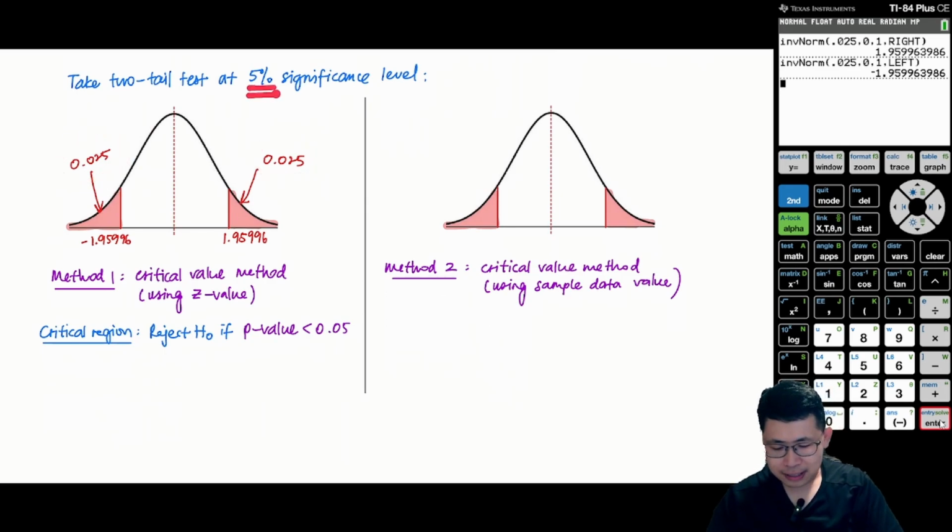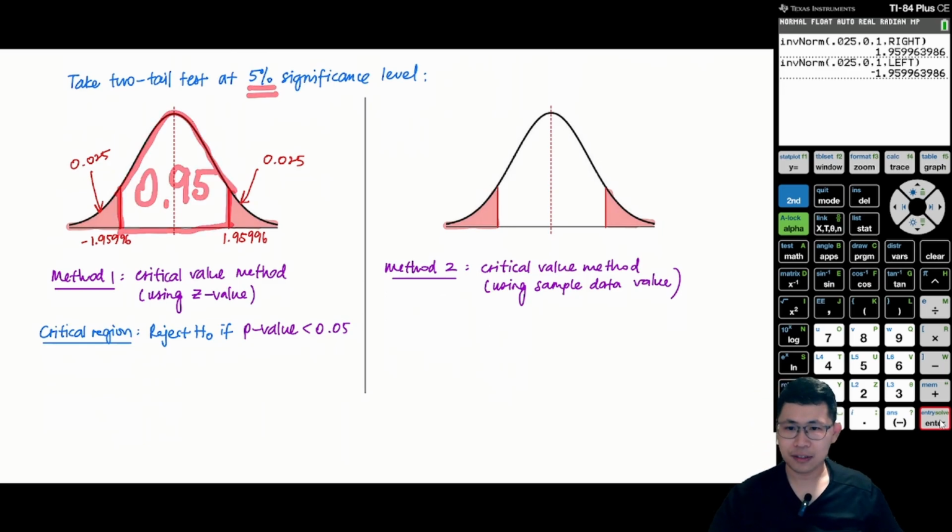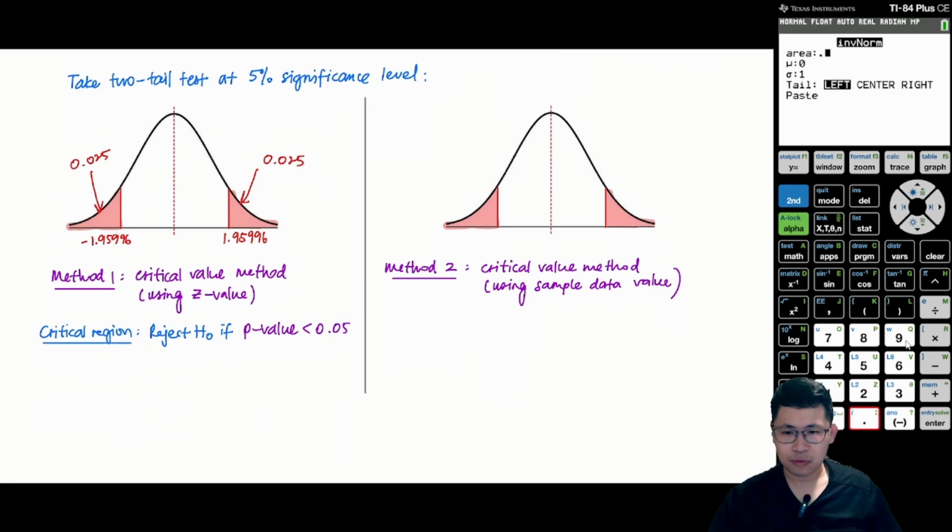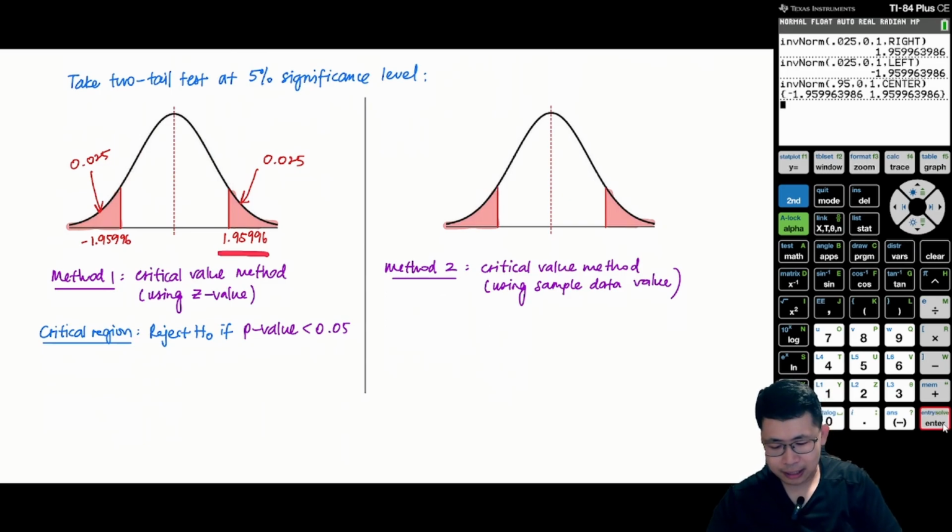The area on the side is 5%. This tells us that the area in the middle over here would be the remaining 95%. Agree? So we can make use of the inverse normal to look for the 95% in the middle, and I will use the center tail.